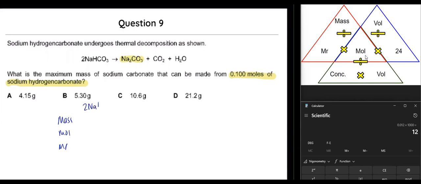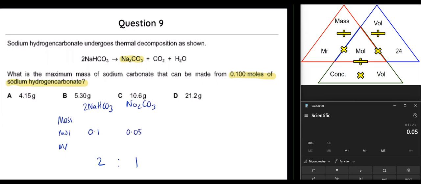Let's put in what the question tells us. We've got 2 NaHCO3 to 1 Na2CO3, so we've got a 2 to 1 ratio. We know we've got 0.1 moles of that, so we've got half the amount of the sodium carbonate. So we divide by 2, gives us 0.05.